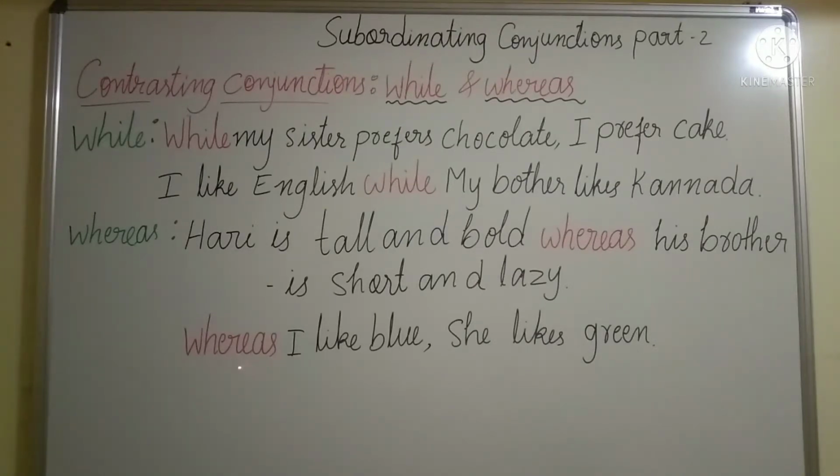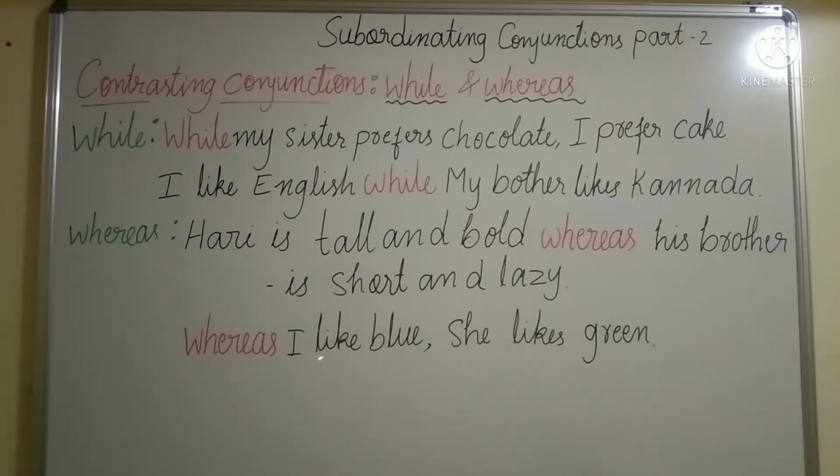Let's have a look at this. Whereas I like blue, she likes green. Here in this case, this sentence starts with a subordinating clause. See, whereas I like blue, she likes green. So here this shows the contrast between two people's tastes.